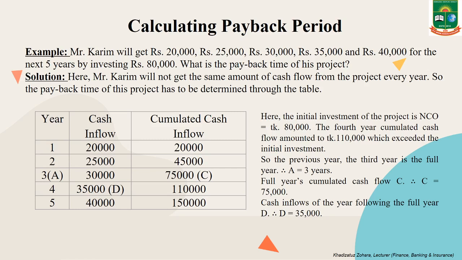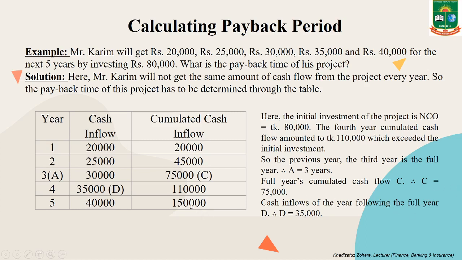And we know the cumulative cash inflow which is slightly less than the initial cash outflow is the C. So here C is the 75,000 and the full year is third year, because in this year cumulated cash inflow is less than the initial cash outflow.